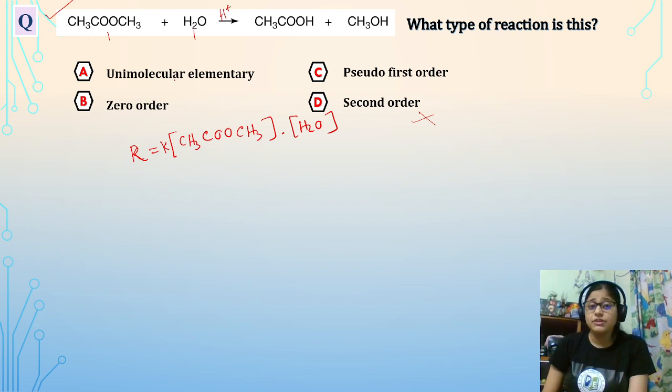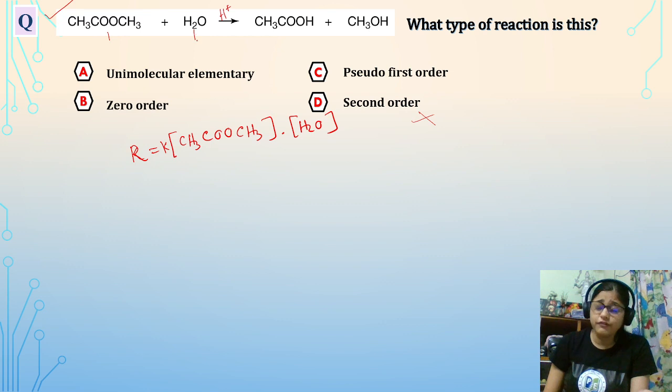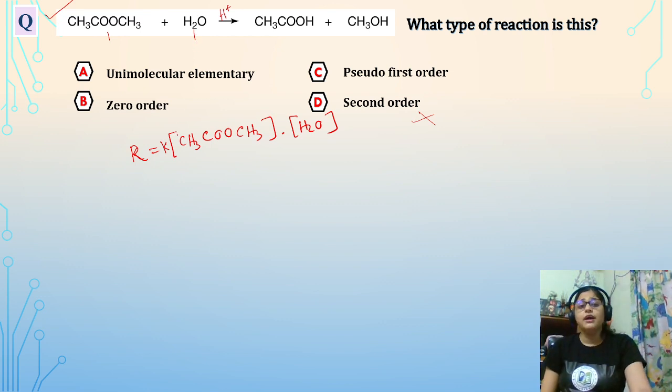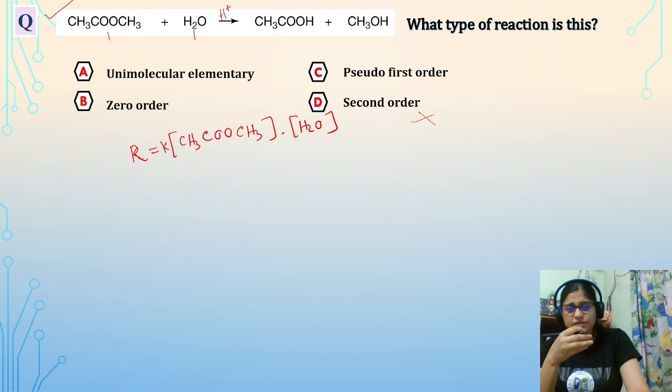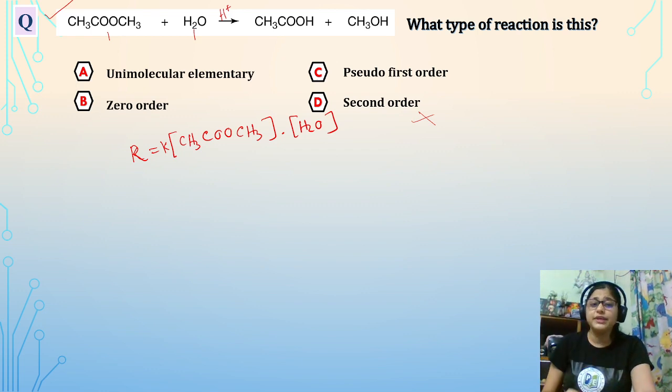Because here water is a solvent. Whenever the solvent concentration, or any reactant concentration, is very high with respect to the other reactant, we can take that reactant as constant, as it is a solvent.